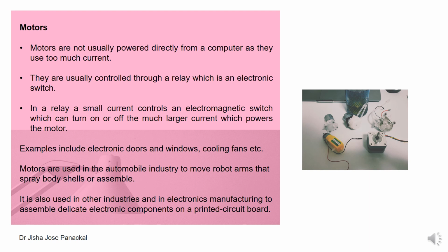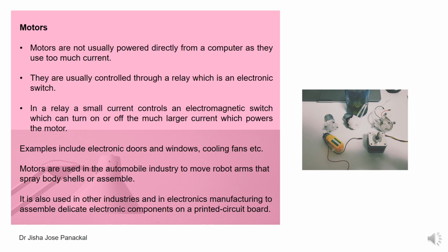It can be used as a separate device. They are usually controlled through a relay, which is an electronic switch. In a relay, a small current controls an electromagnetic switch which can turn on or off the much larger current which powers the motor. So, with the help of relays, we can use the motors with the computers.